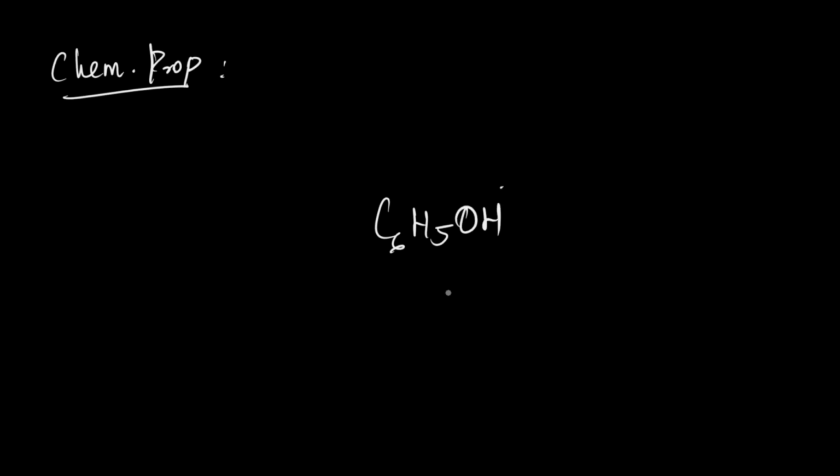Okay, let's quickly jump into the chemical properties of phenol. We know that it is acidic, so with metal it will produce hydrogen gas. Apart from that, there are a few important reactions for phenol. Let me write it like this.